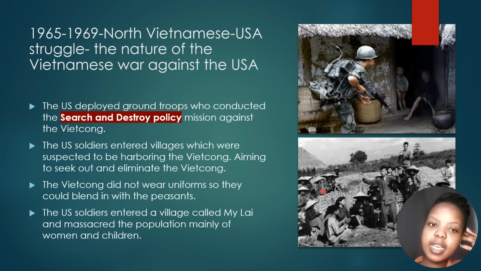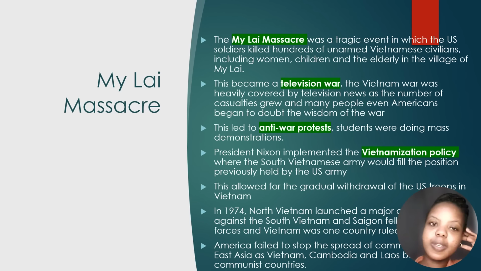Alright? The US soldiers entered a village called My Lai and massacred the whole population of women and children. When you massacre, you kill a number of people at once. Now, the My Lai massacre is an important event that you also need to include.